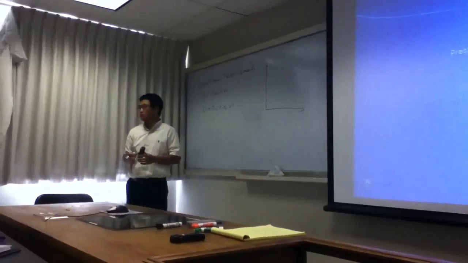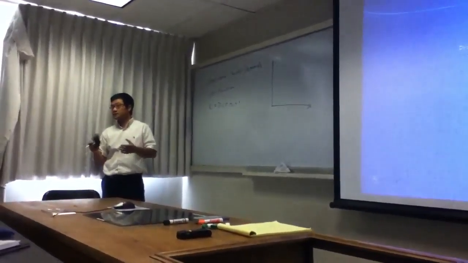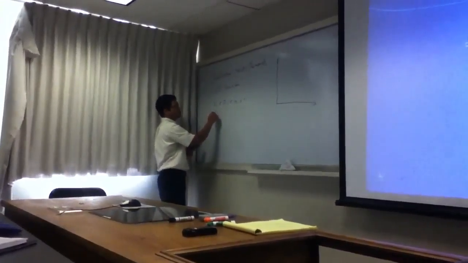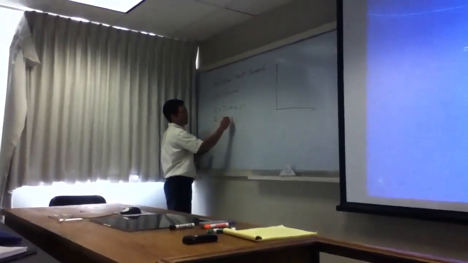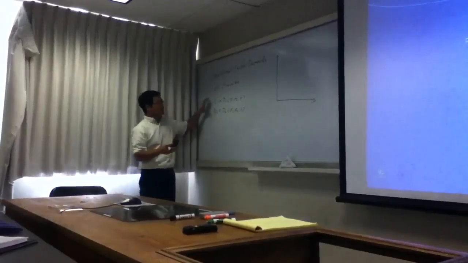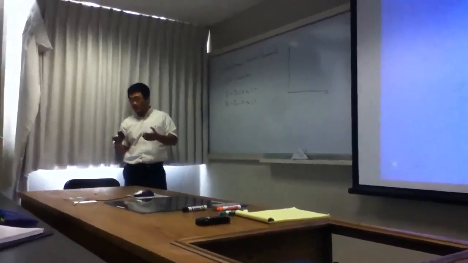We assume the cost minimizing firm has an output target. The firm has to produce a certain level. And x2 equals d2(r1, r2, y). Those are derived from the firm's cost minimization problem.